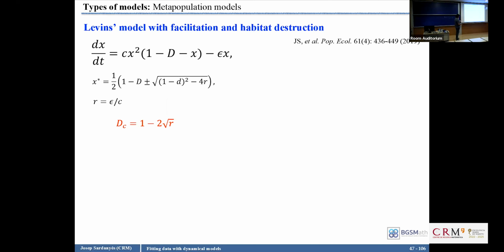And this is a model in which we are considering catalysis or facilitation. Okay, if we write the stoichiometry of this growth term, we have one individual that meets with another one at a rate c, and this gives 3a.